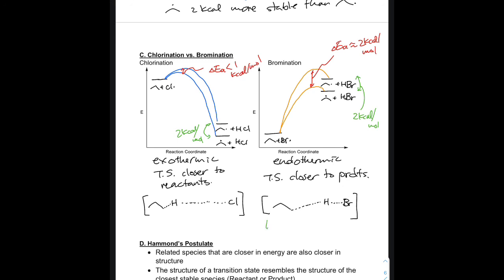And that's why there's a larger activation energy difference between the two pathways, meaning there's more selectivity.